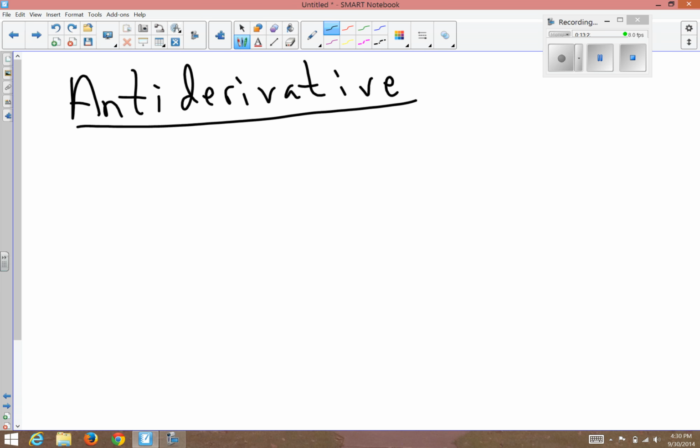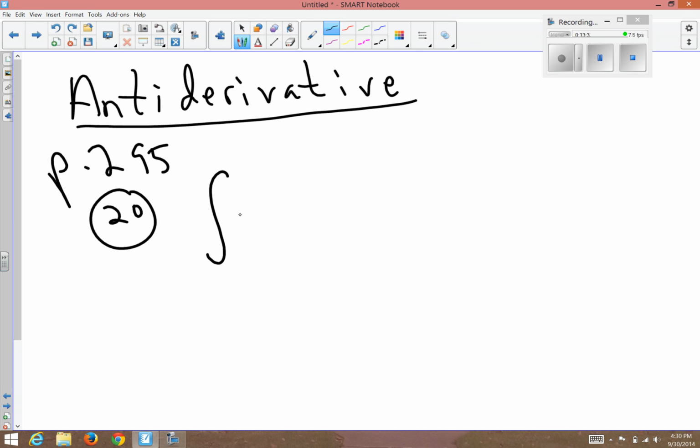And we're going to try to learn it by doing page 295, exercise 20. It says the integral of cosine x dx from 0 to pi over 2. This is read the integral of cos x dx from 0 to pi over 2.